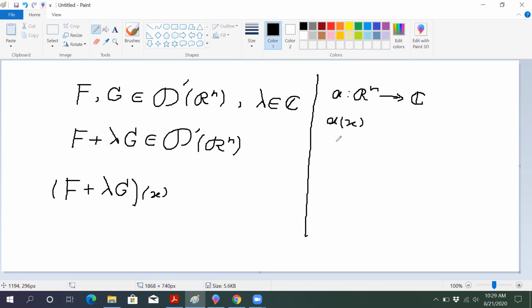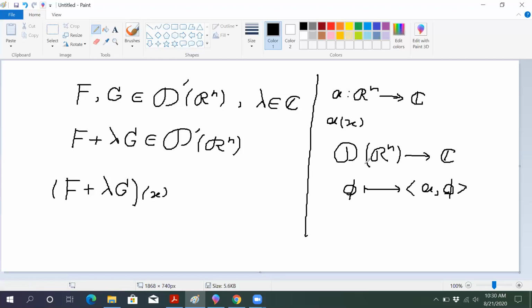But when A induces a distribution, a continuous linear functional from D(R^n) into C, then this A maps every test function to a complex number. That value might be denoted by this, A and phi. Here we are using the ordinary notion; here we are viewing A as a distribution.